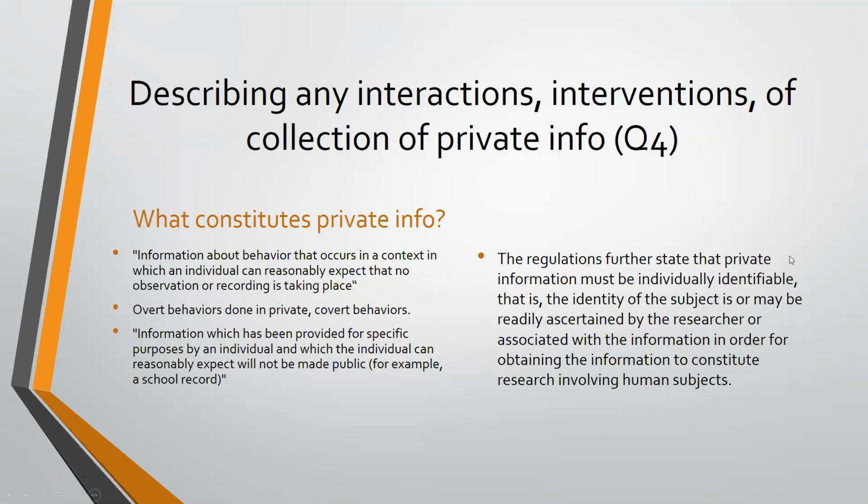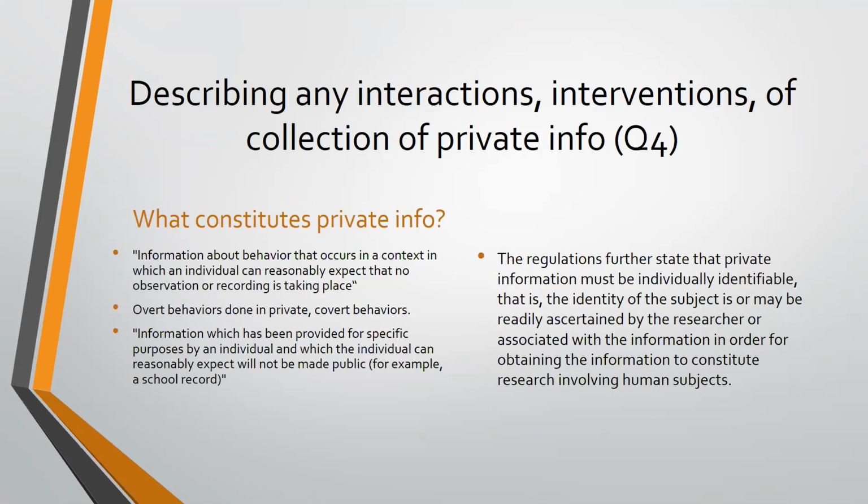And so it goes further into this description here, and this is just literal verbiage from the IRB that further states that private information must be individually identifiable. That is, that the identity of the subject is or may be readily associated by the researcher or associated with the information in order for obtaining the information to constitute research involving human subjects.